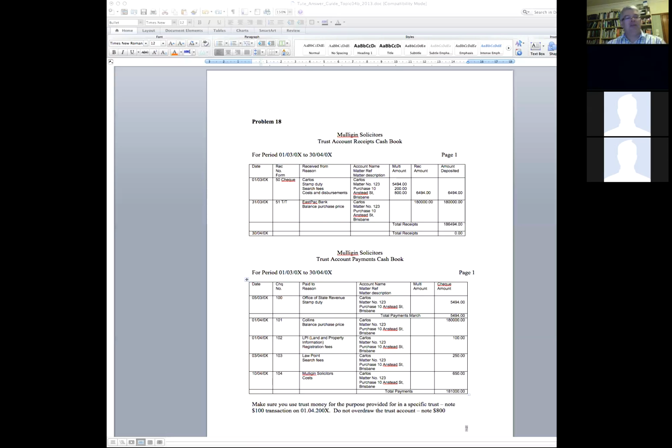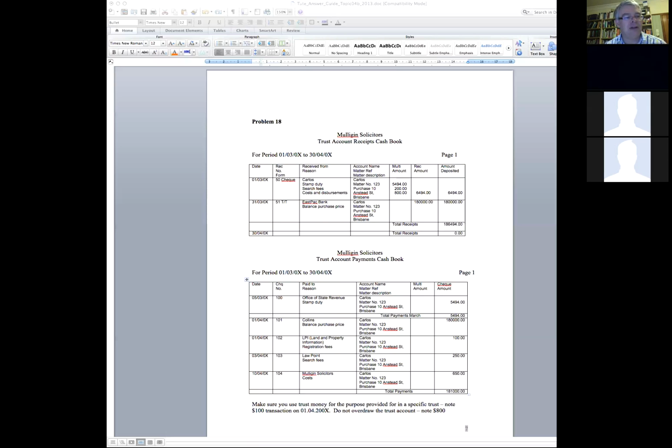Say, for example, in the future, when the property is settled, if for some reason the stamp duty amount was $7,000 and somebody was asking you to pay $7,000, you know that the total amount you can pay for stamp duty from the trust account for this particular client is $5,494.